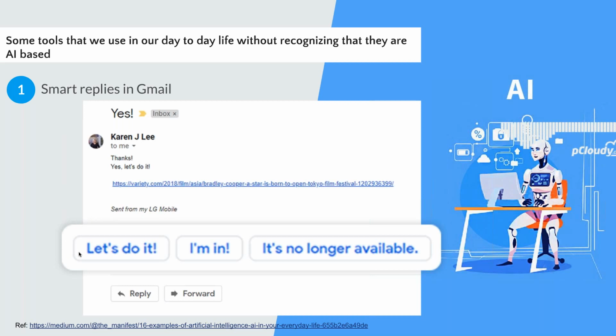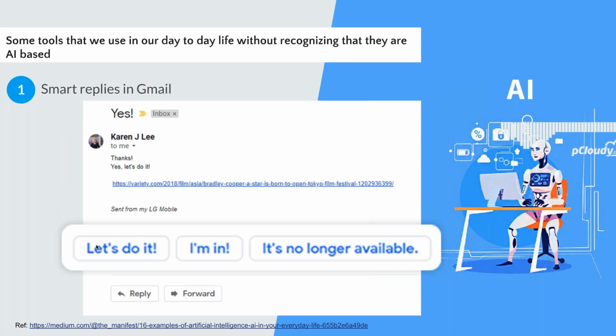So here we can see that Gmail has suggested two positive replies, let's do it, or I'm in, and one negative reply as well, it's no longer available. So how does Gmail do it? Gmail has close to millions, no, million is a small number. Okay, billions, even smaller.